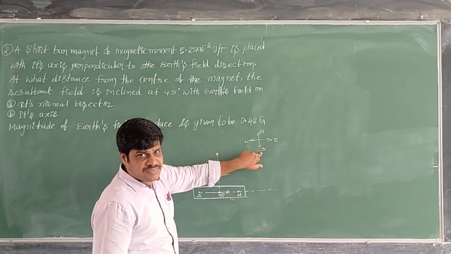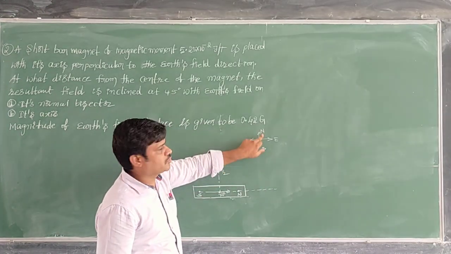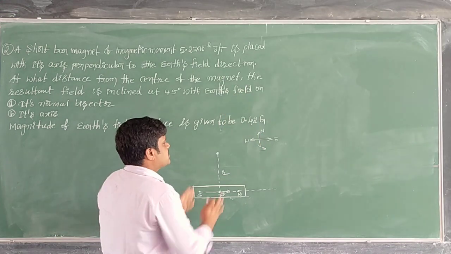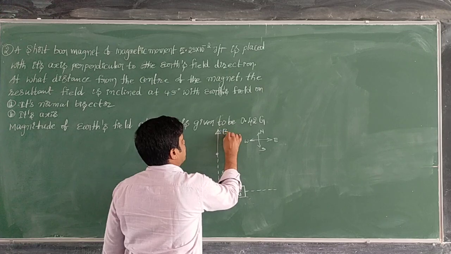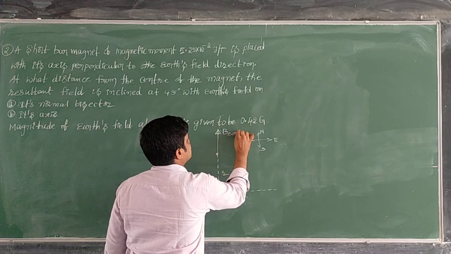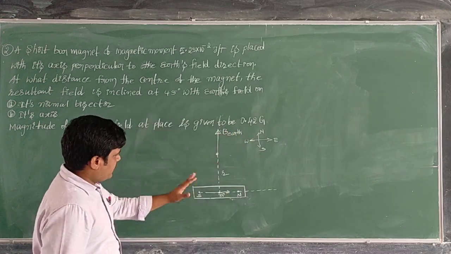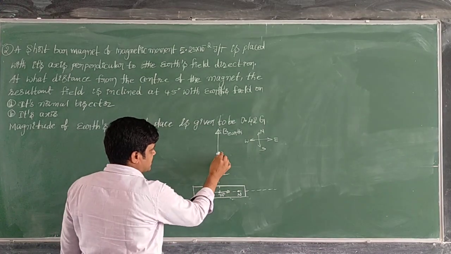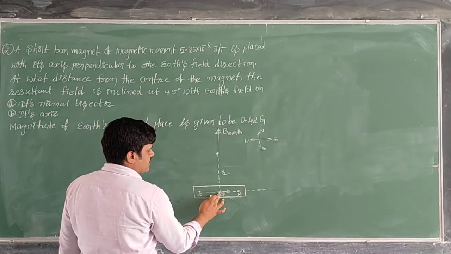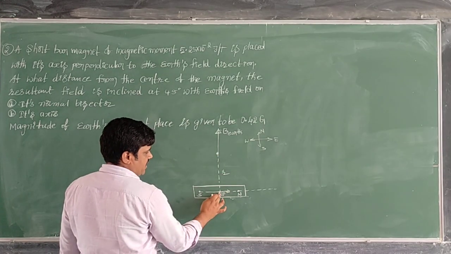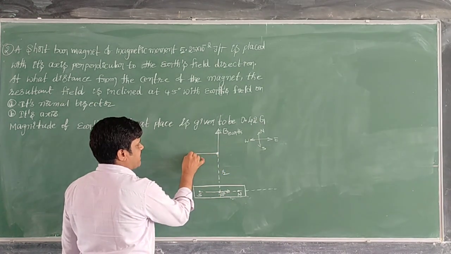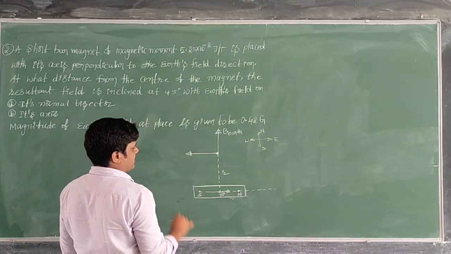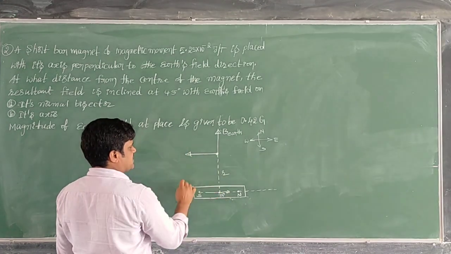So the Earth's magnetic field direction will be from north to south, like this. This is the Earth's magnetic field, at a distance r from the center of the bar magnet.